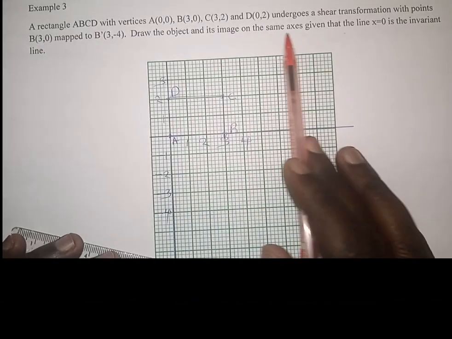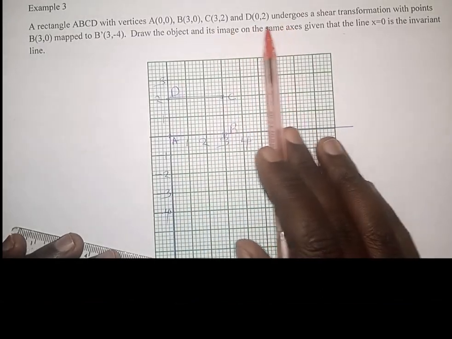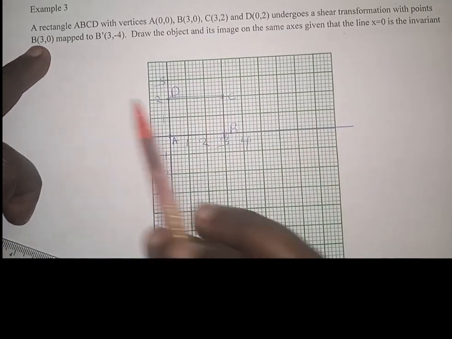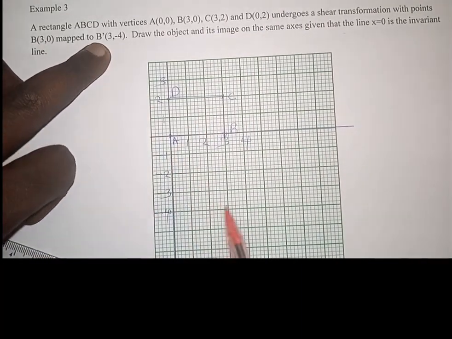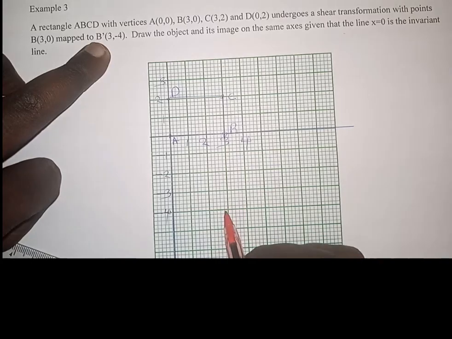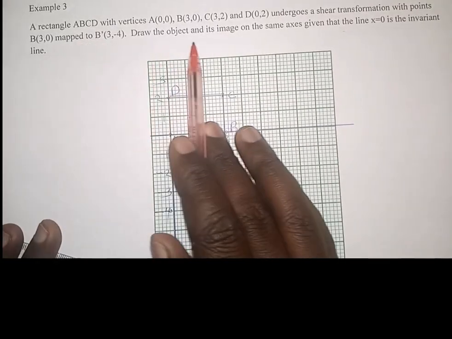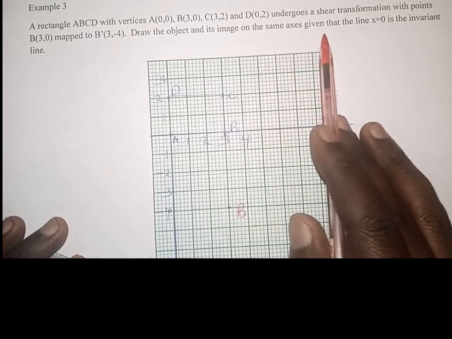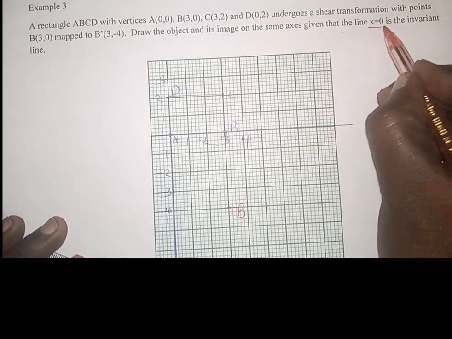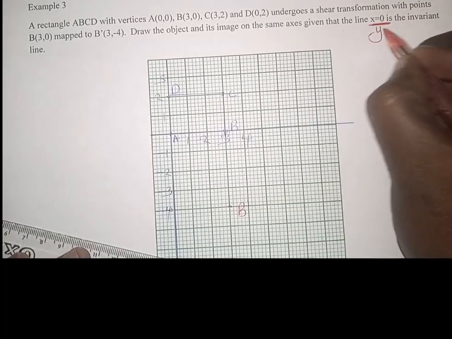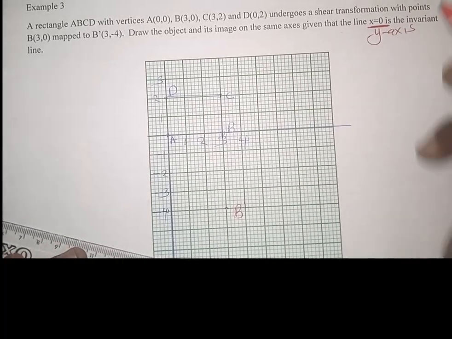We've been told that the figure undergoes a shear transformation with point B(3,0) being mapped to B prime (3,-4). This is where we have B prime. Draw the object and its image on the same axis, given that the line x equal to 0 is the invariant line, which is also the y-axis.